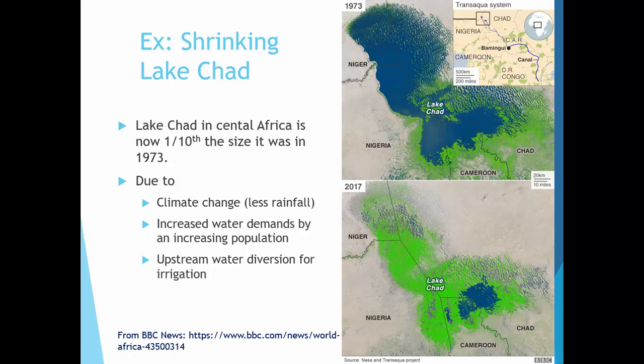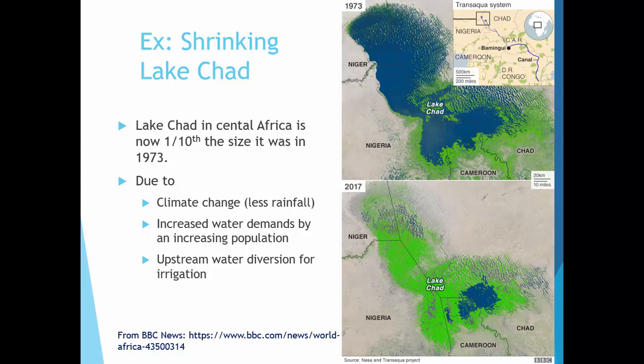The lake is only one-tenth the size today that it was in 1973. And generally you hear mostly that people are saying this is due to water being diverted for irrigation upstream, and that is true, but it's also true that this region is experiencing less rainfall due to climate change.